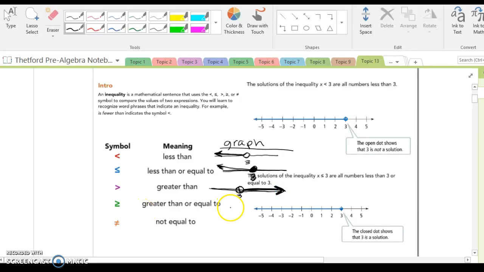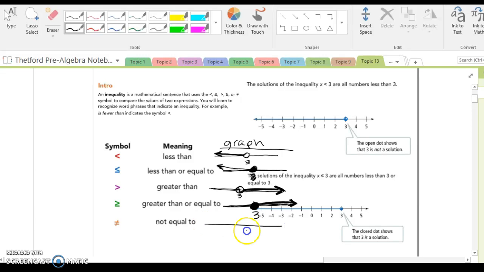A greater than or equal to sign means that if I'm at 3 again, I do include 3 in my statement because that is a solution, and it is everything to the right because it's everything that's above 3 or equal to 3. And all of those make that statement true.